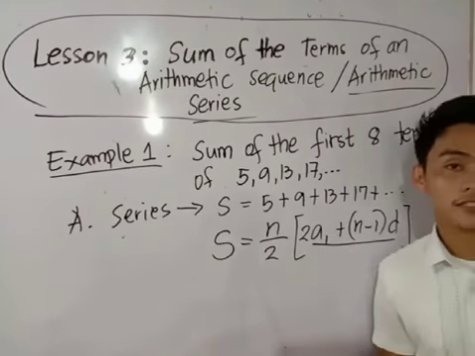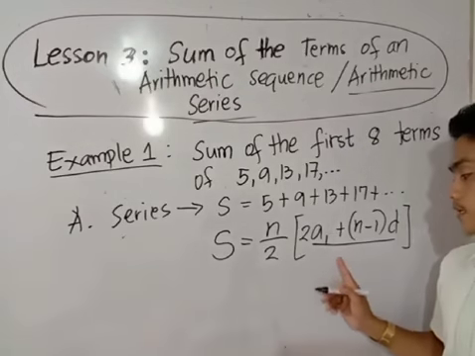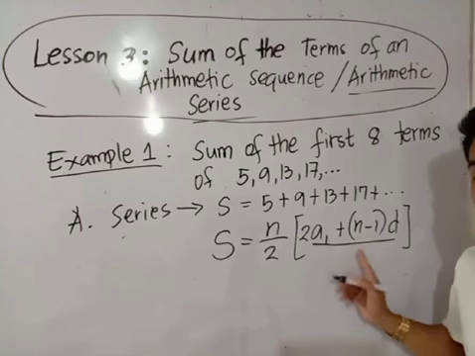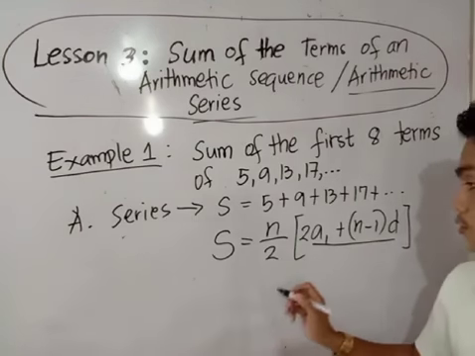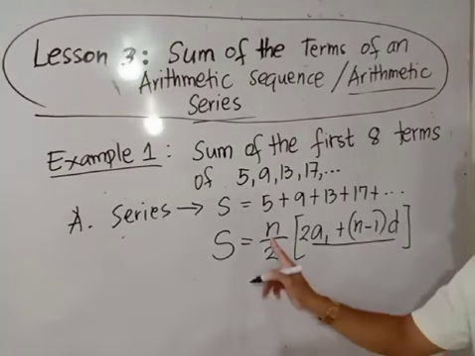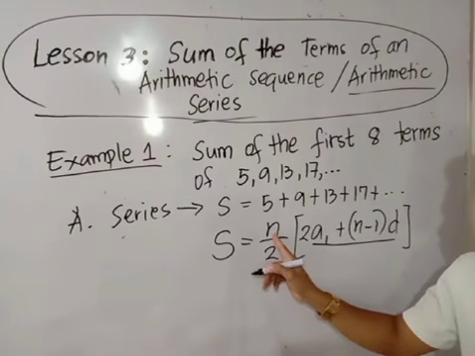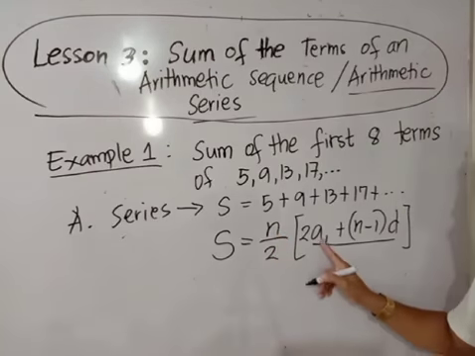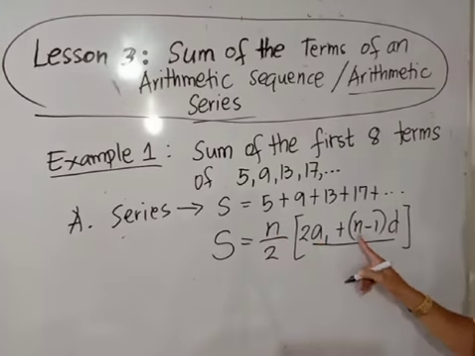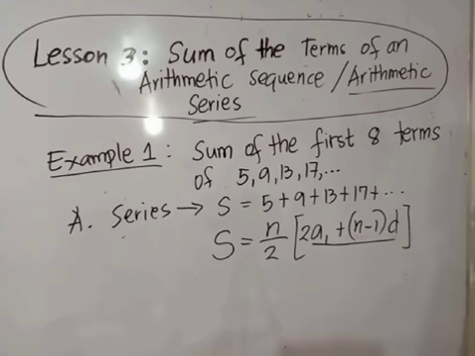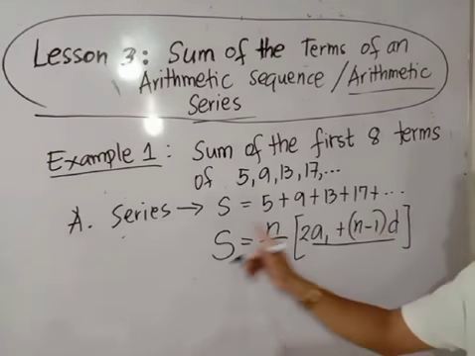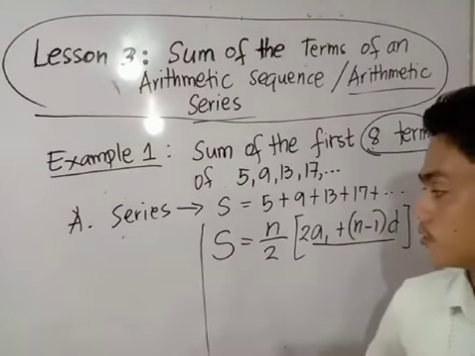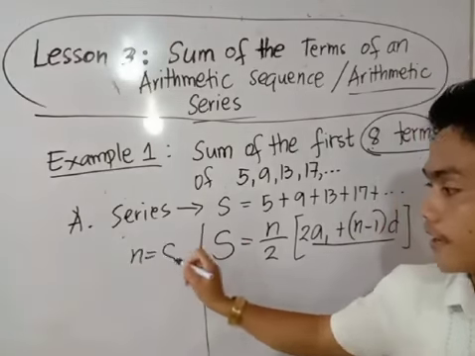In the next examples, it will be clearer where this formula came from. If we follow this formula, what we need to do first is identify n, the number of terms, then the first term, and the common difference. The n in this problem is 8 terms, so n is equal to 8.